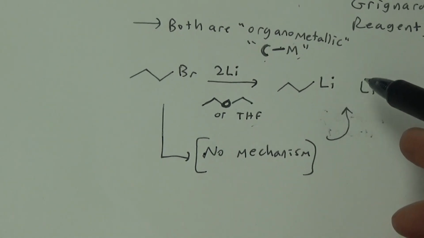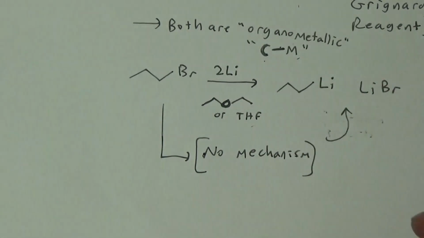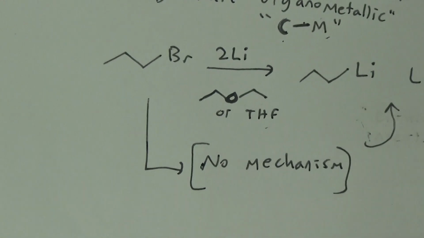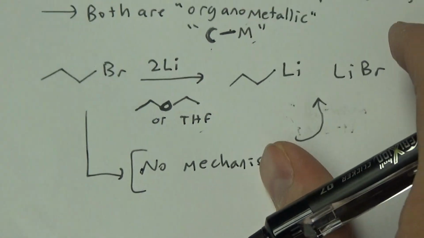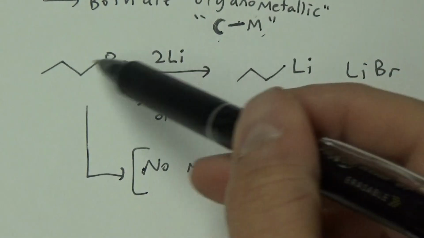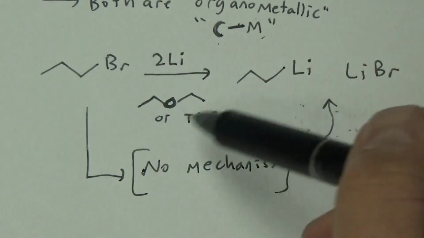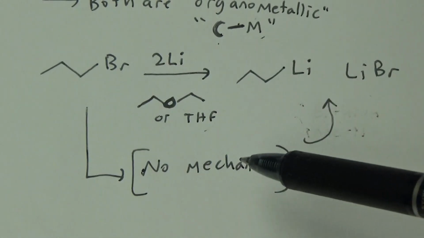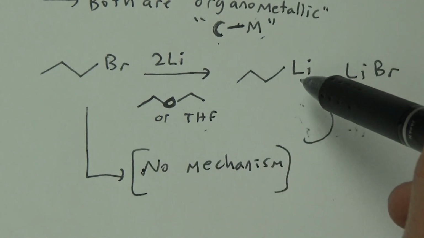You might think, oh, lithium attacks and kicks it off, like an SN2, because you've seen things like that: nucleophile, electrophile, SN2. This is not an SN2 reaction. There's no lone pair on lithium to do the attacking. This is a complicated mechanism, and we just say no mechanism. Every now and then, I'm just not going to even show you a mechanism, and this is one of those cases.